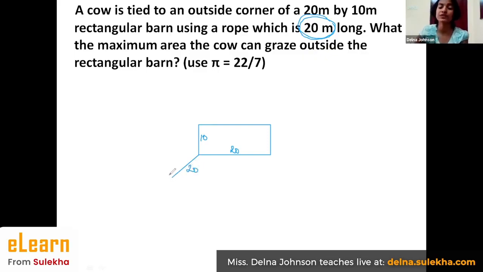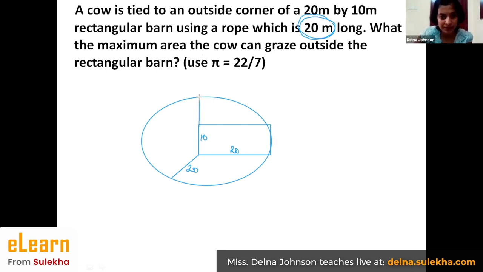Before it was 5 meter, but over here you're taking it as 20 meter. So now the maximum area which the cow can graze is something like this.